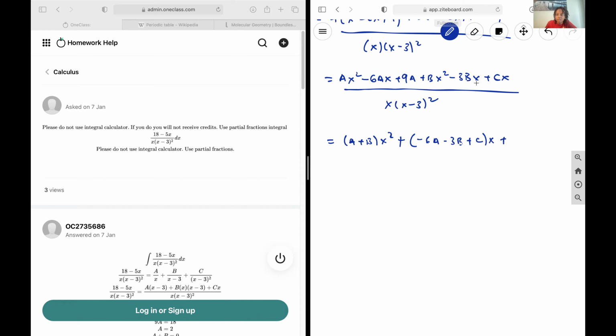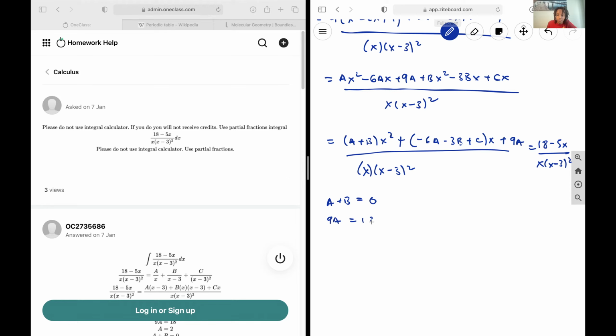And then lastly, for the x to the power of 0 terms, we're going to have simply 9a. Yep. All over what we have. And as we said, we want this to become (18 minus 5x) over what we have. And so we know that this means a plus b must be equal to 0.